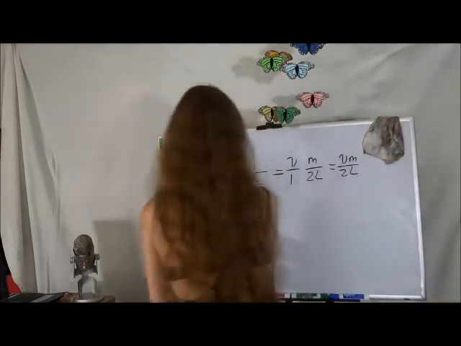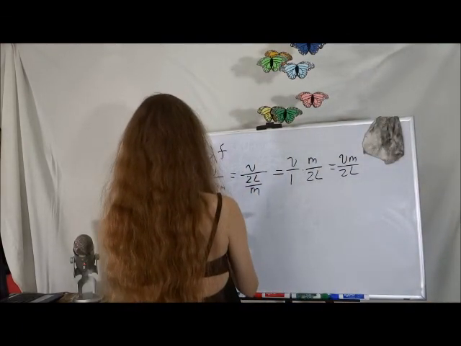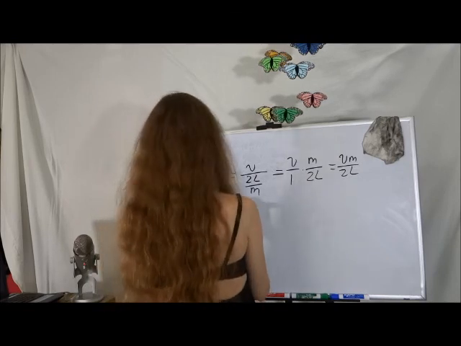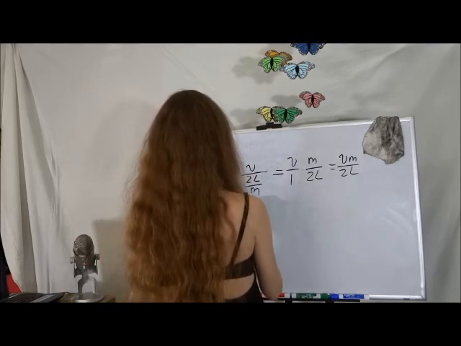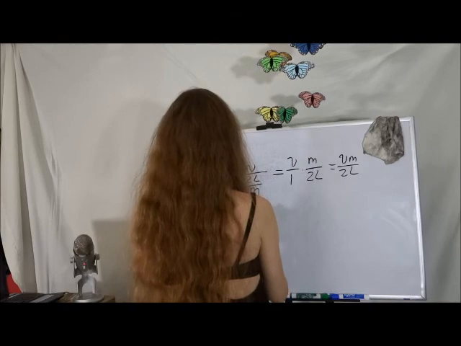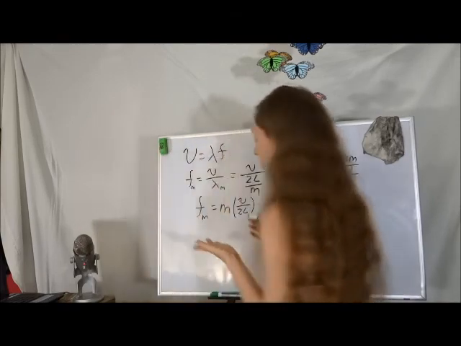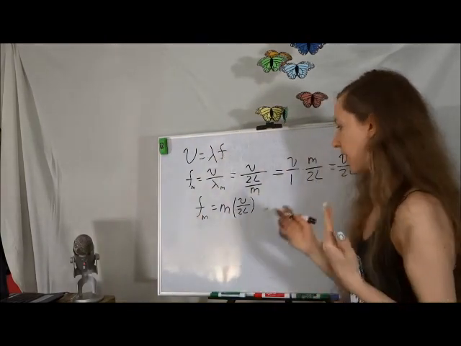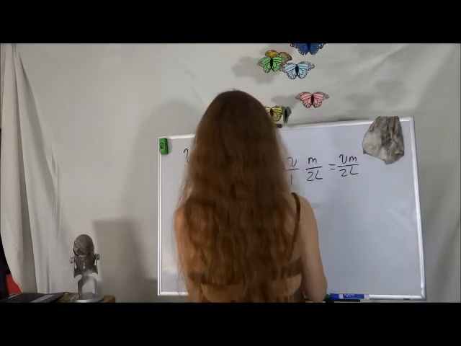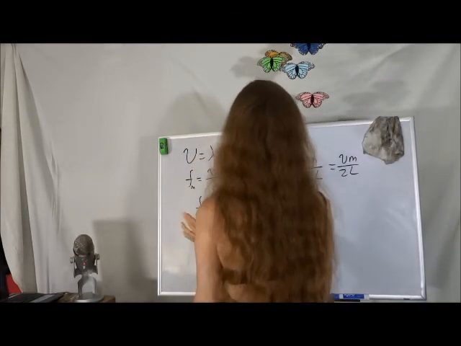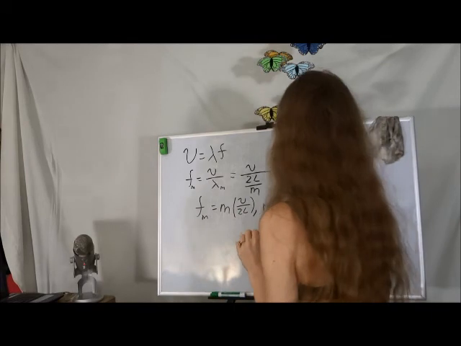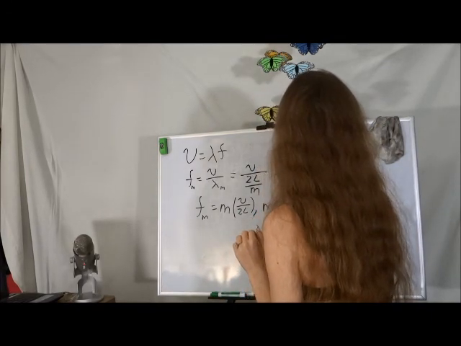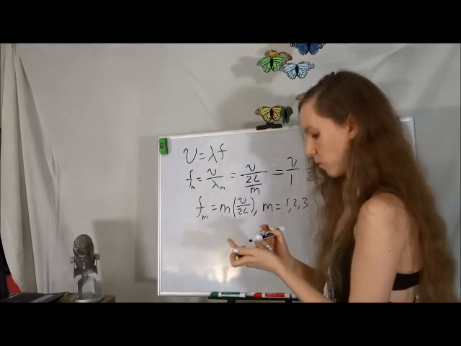So putting this all together, our allowable frequencies are going to be m times v over 2L, where m is again the number of half wavelengths we have. And a key thing to note here is that m has to be an integer. So 1, 2, 3, so on and so forth.